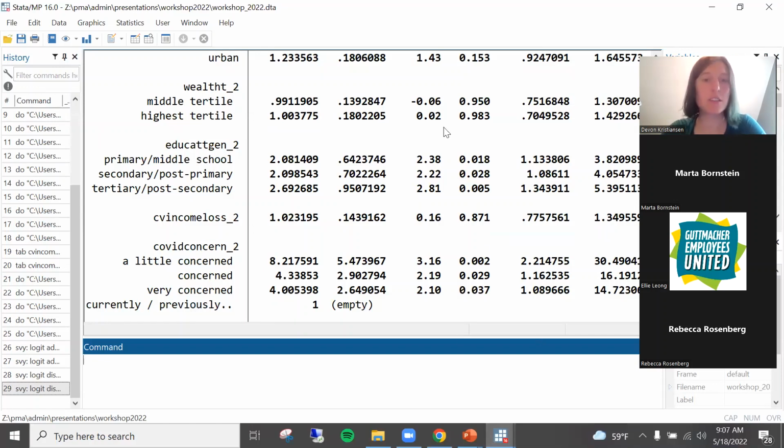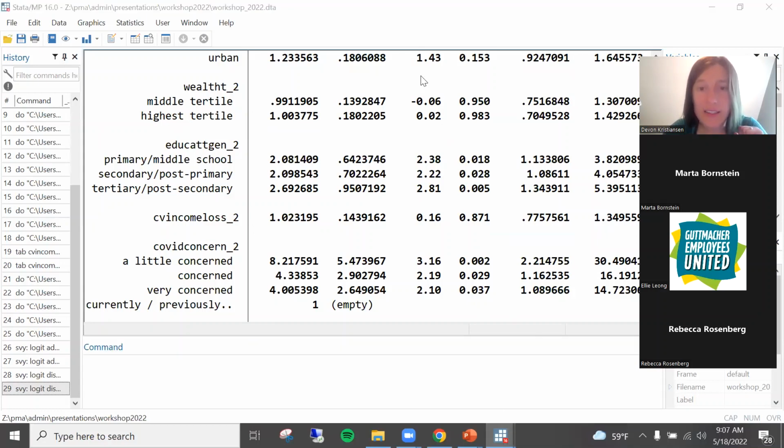So I'm going to see if I look in the chat. Okay, can you talk a little bit about why you are not using clustered standard errors?